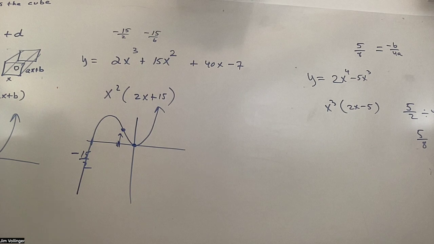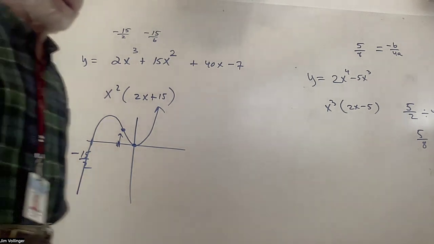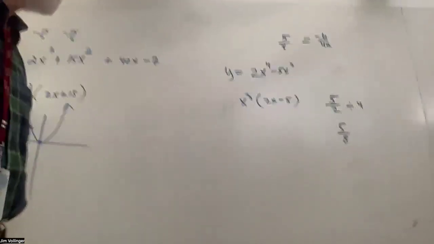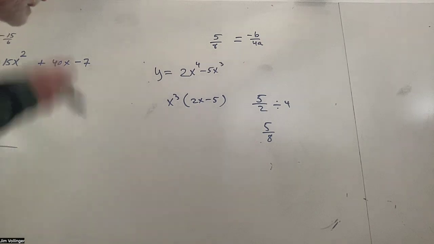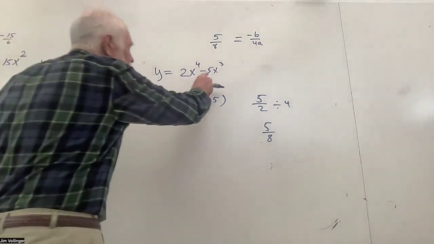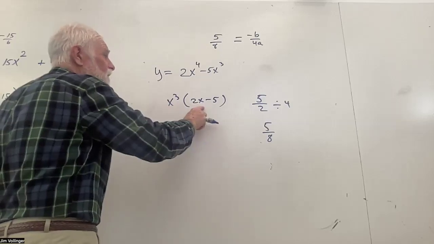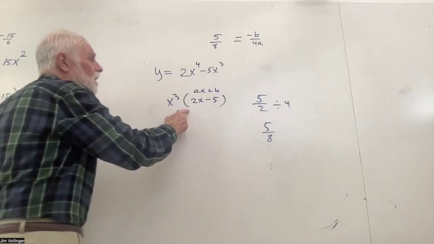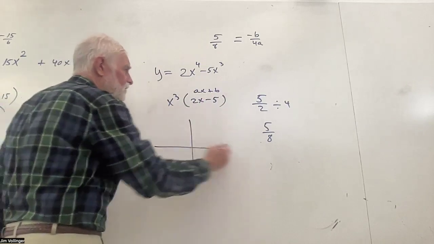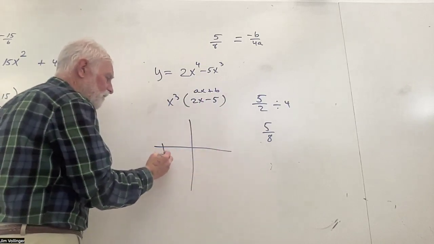Now, I do remember 20, 30 years ago, looking at the graphing form for the quartic, and I couldn't figure out why it was off-center in different places. Now I understand, because minus b over 4a, minus b, so x cubed times, here's your ax plus b again, showing up again. So 2x minus 5 is minus 5 halves.